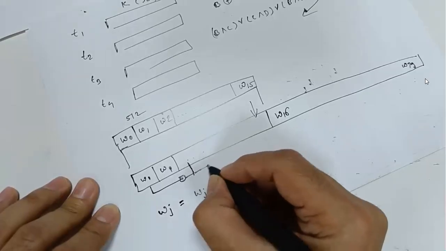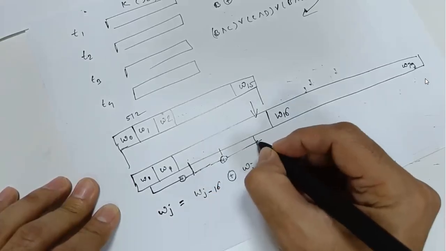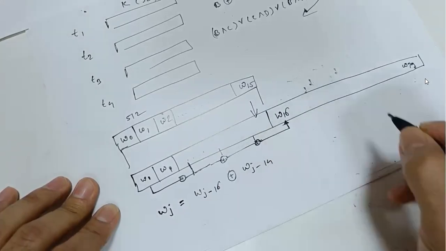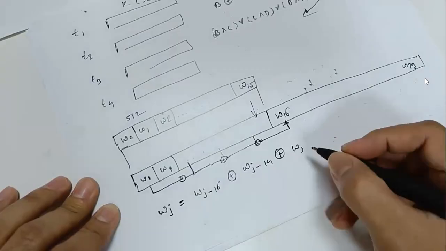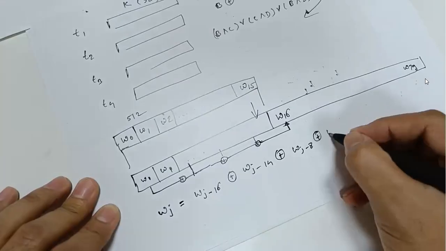Then you XOR with some other word, and then another, and you prepare it and copy it. So these are the words WJ minus 14, WJ minus 8, and WJ minus 3.